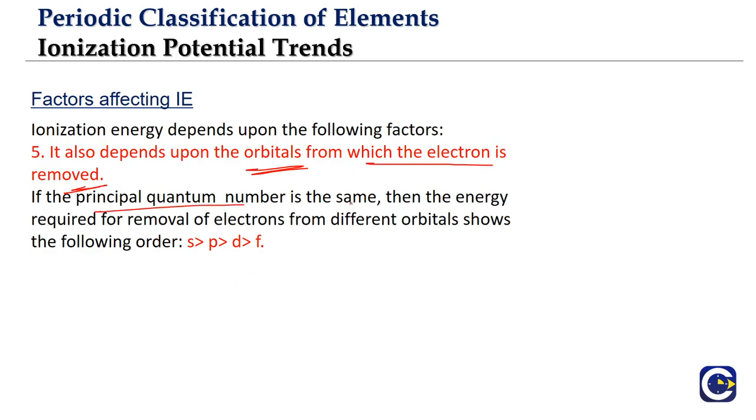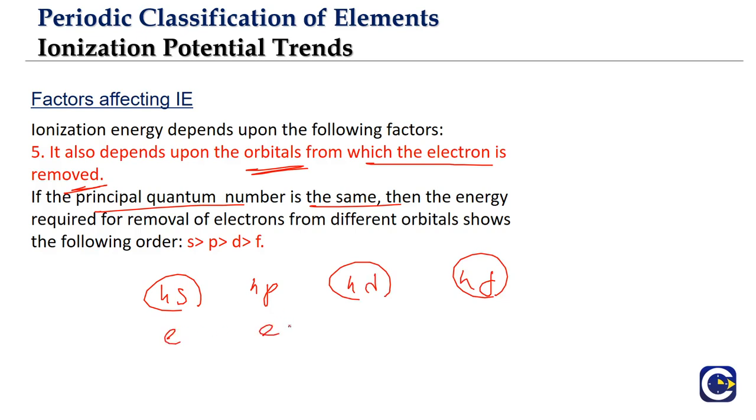See, if the principal quantum number is the same, talk about for example 4s, 4p, 4d, 4f. Just to give you a very simple instance, imagine we have electrons in 4s, 4p, 4d, 4f, and we want to remove an electron. Where will we remove the electrons easily?